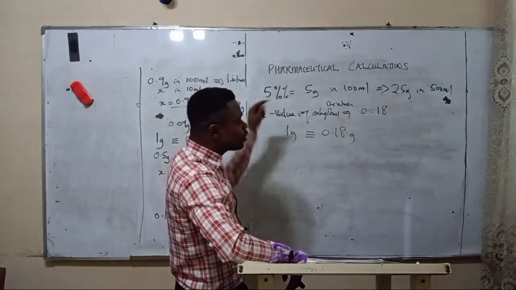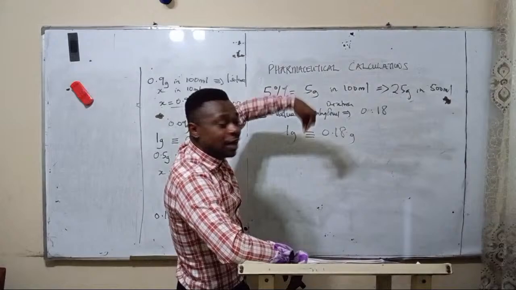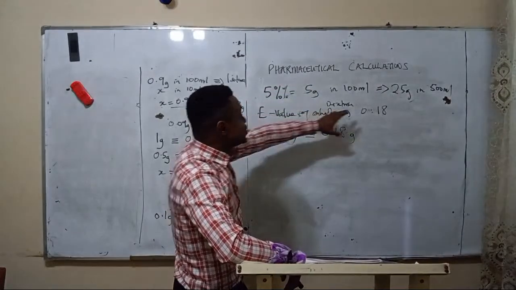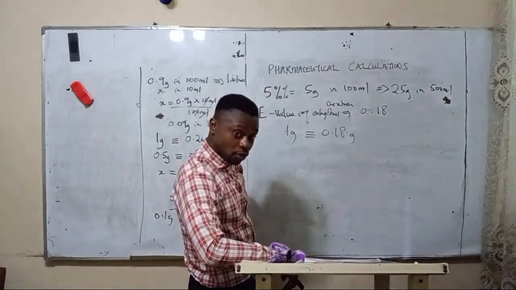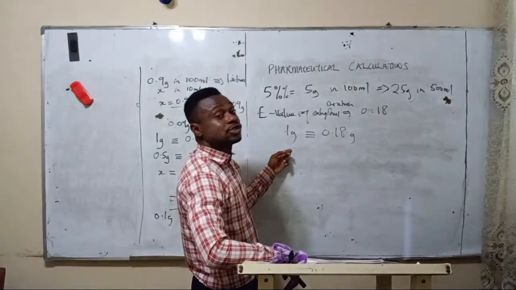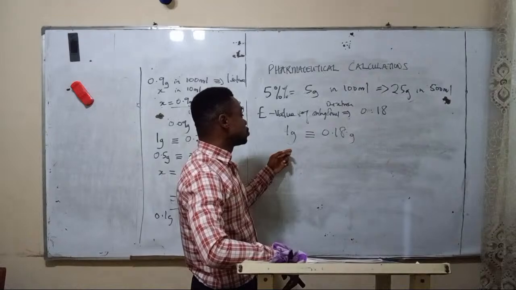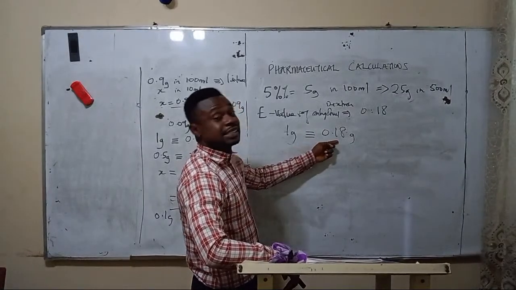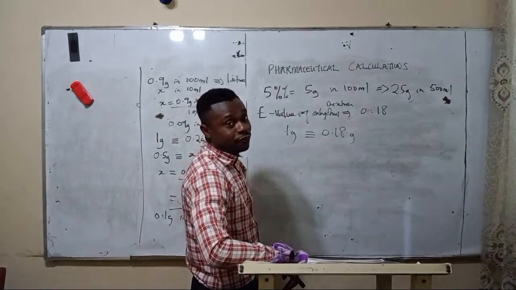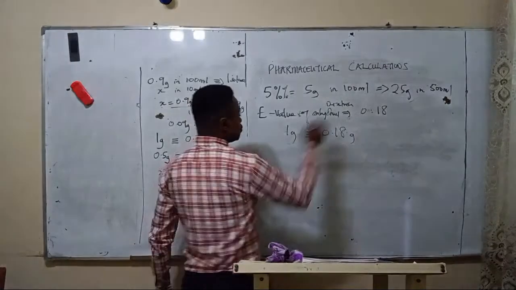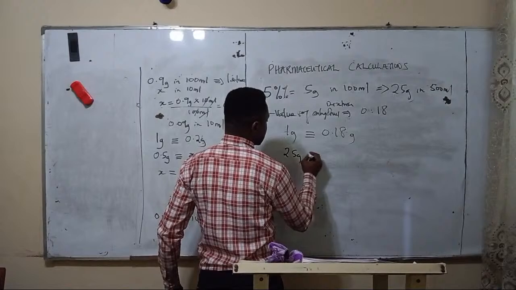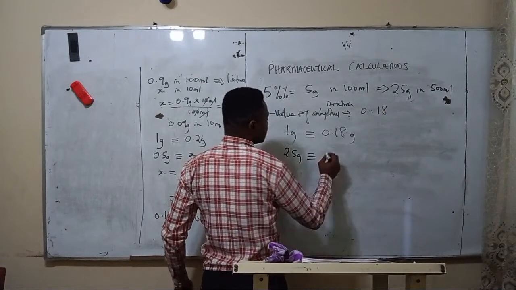But let us find out the amount of sodium chloride represented by this 25 grams of dextrose in 500 ml of dextrose water. We already know that 1 gram of dextrose water represents 0.18 gram of sodium chloride. So 25 grams will represent what amount of sodium chloride in that 500 ml?